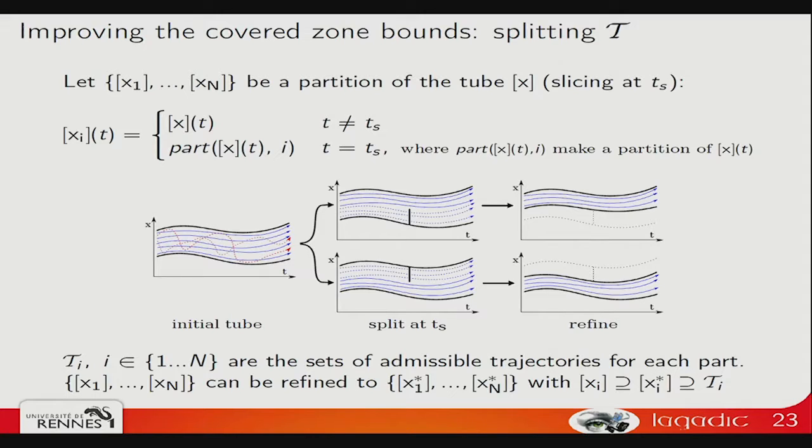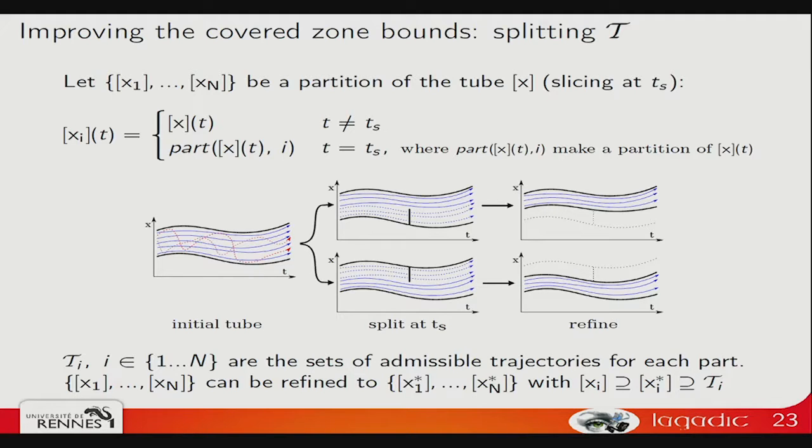To do this, we can decide to split the tube at a given time. So we choose a time, TS, and we split the tube into 2, 3, 4, any number of parts. I show it only with 2 parts. In the initial tube, we have all these infeasible trajectories. We split.